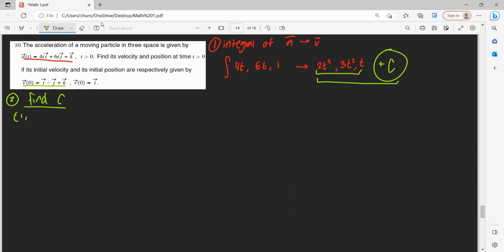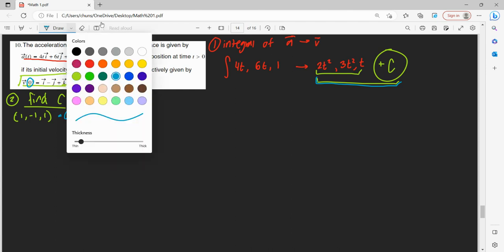So we just take the coefficients, that's 1, negative 1, 1 from here. Now if we take this whole lot right here, and we know that t is equal to 0, let's plug that in, and that gives us 0, 0, 0, plus our c.